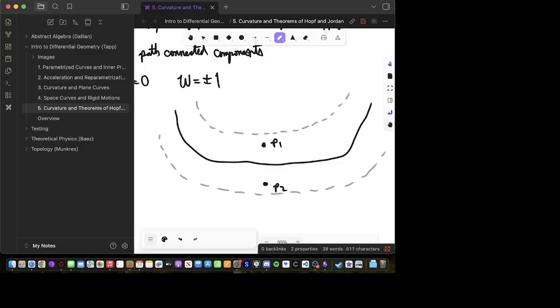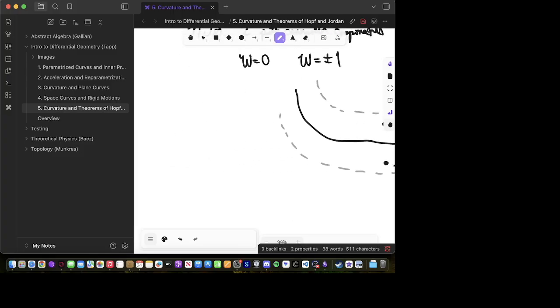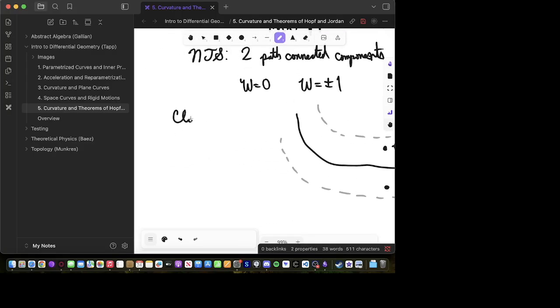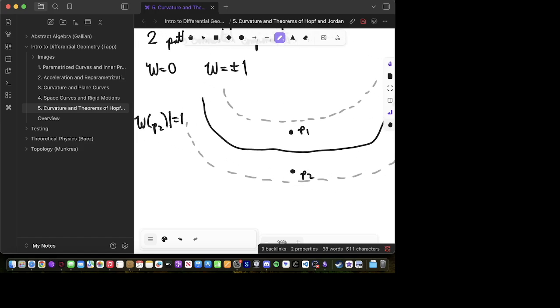They're very close, but they're on opposite sides of the curve, as you can see. Our claim is that we have this. So let's prove it.